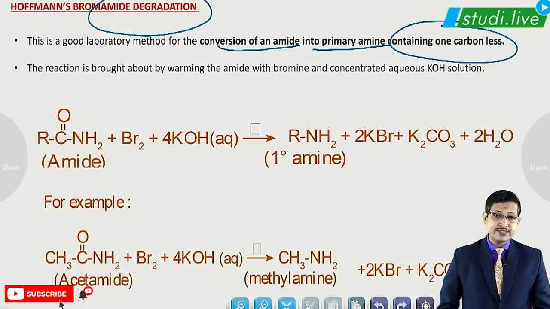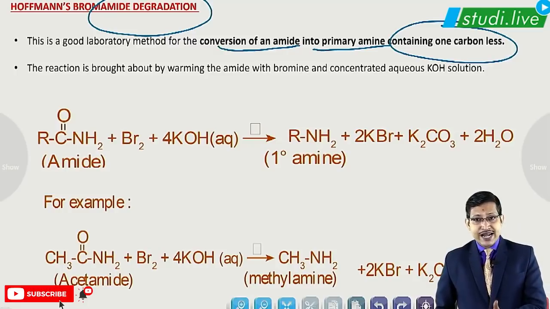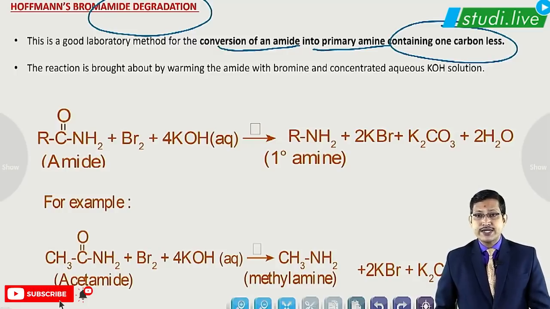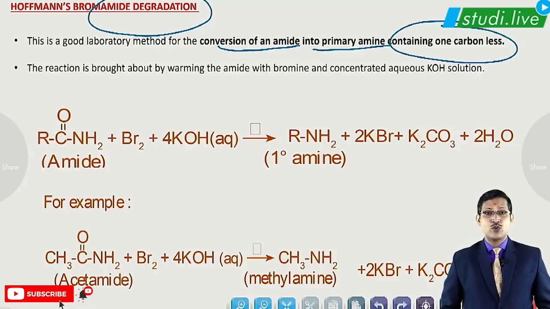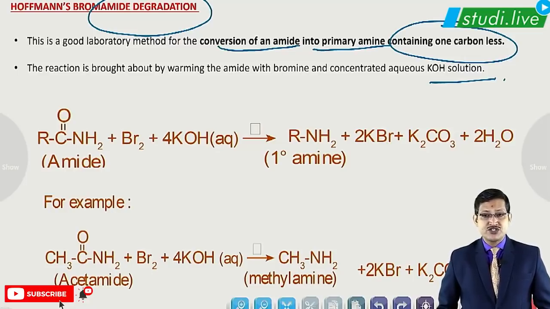Now this reaction is brought about by warming the amide with concentrated KOH solution.